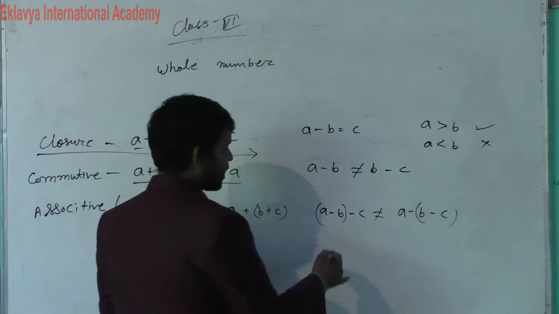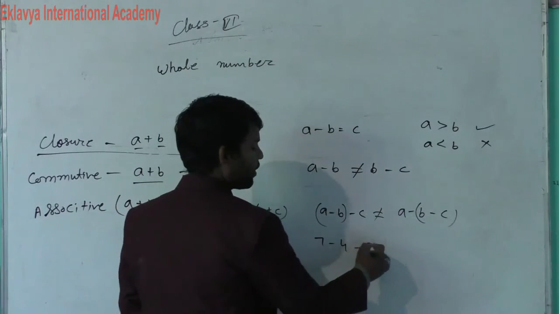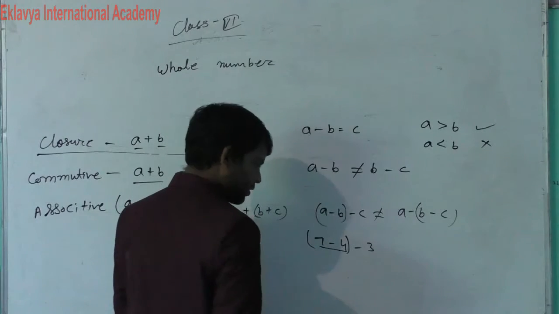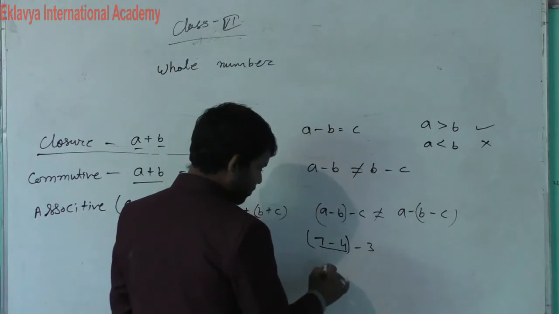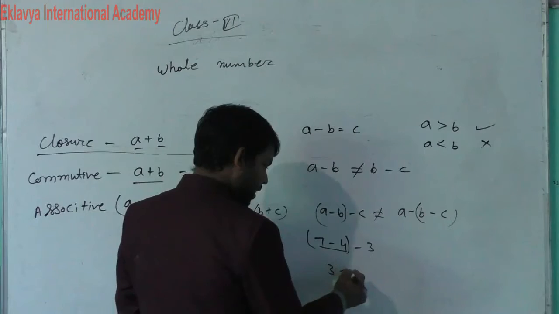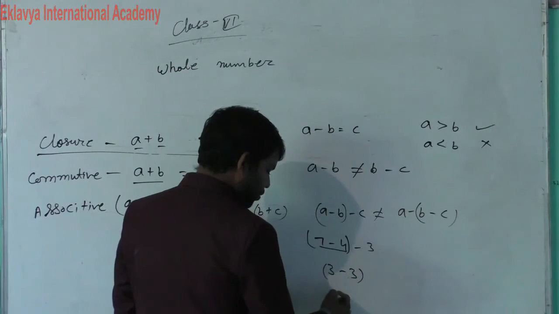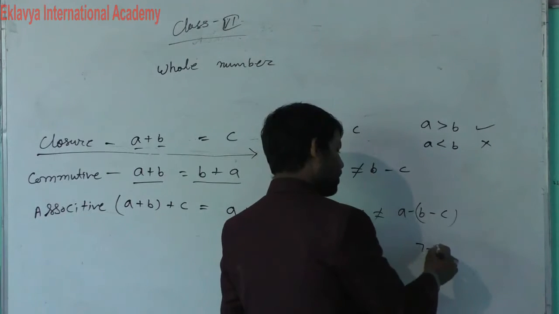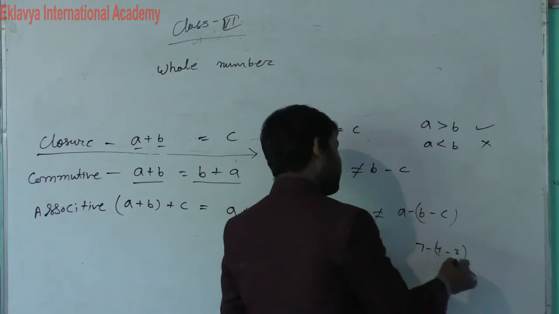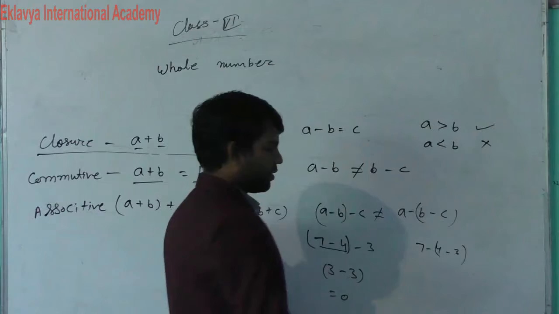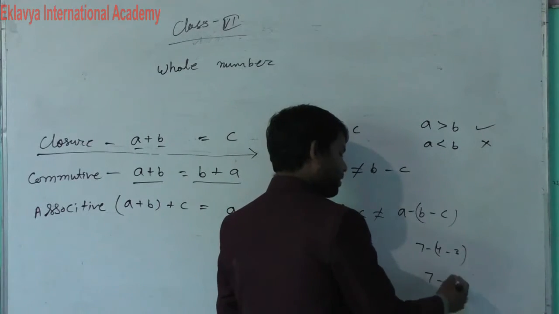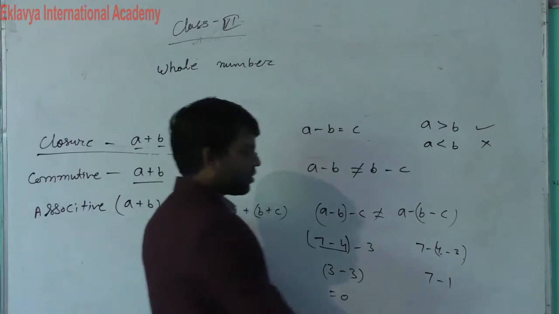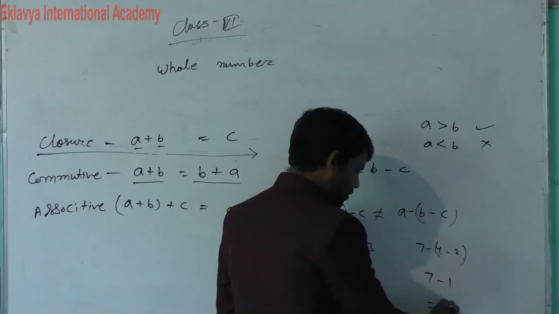If you take the example 7 minus 4 minus 3, first we subtract these two numbers: 7 minus 4 we get 3, then minus 3, we get 0. If we subtract 4 minus 3 first, we get 1, and 7 minus 1 we get 6.